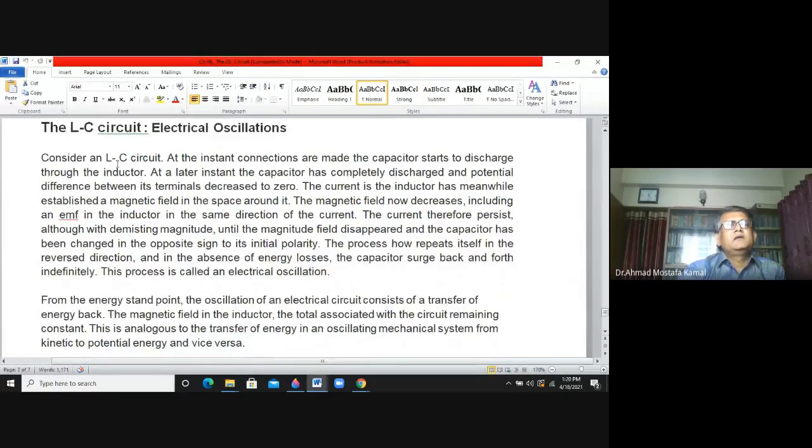Consider an AC circuit: at the instant connections are made, the capacitor starts to discharge through the inductor. That means we have considered that the capacitor is fully charged. Then when the connection is made, the capacitor starts to discharge through the inductor. At a later instant, the capacitor has completely discharged and the potential difference between its terminals decreases to zero.